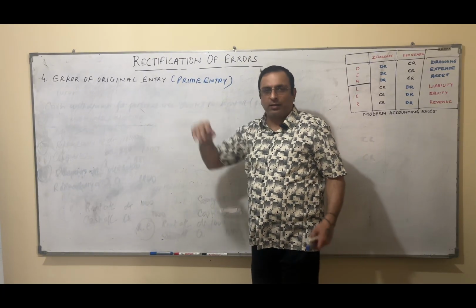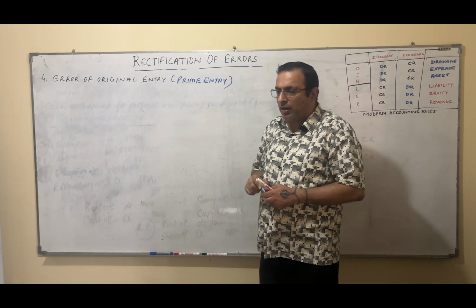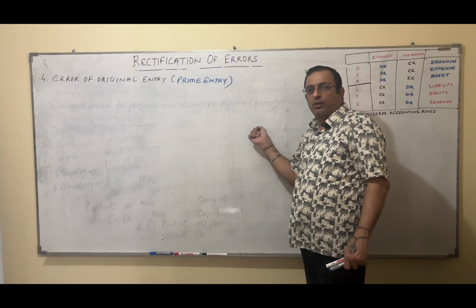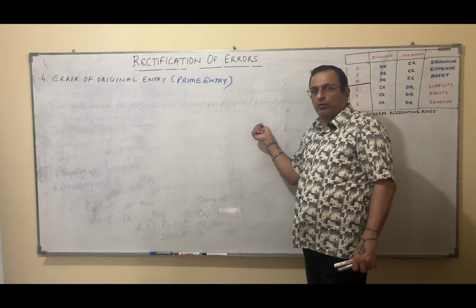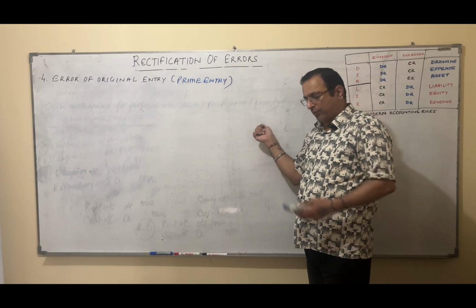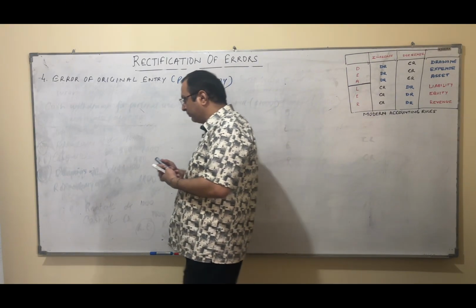Right? Let us take, if you remember, when I told you the books of prime entry, the cash book is a part of the books of prime entry. So let us take an example of a record in the cash book.